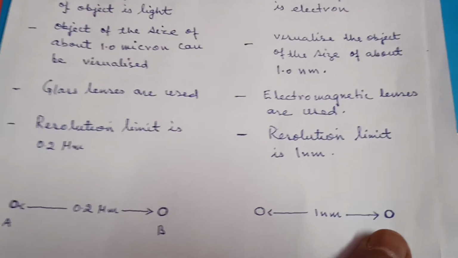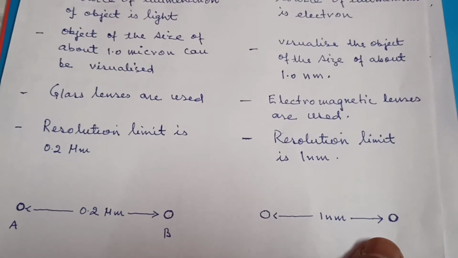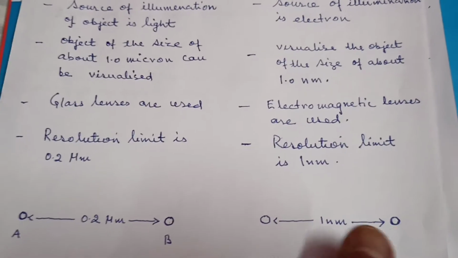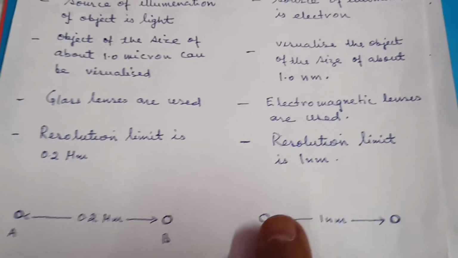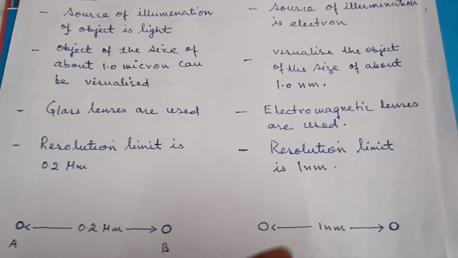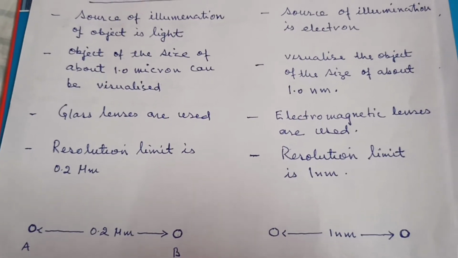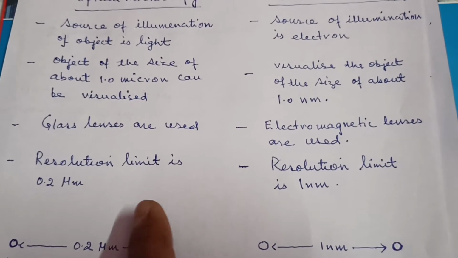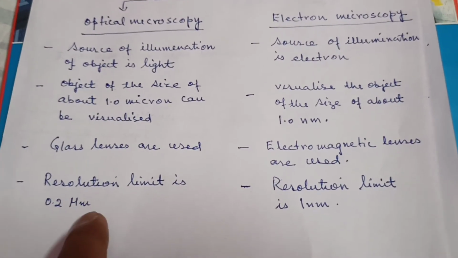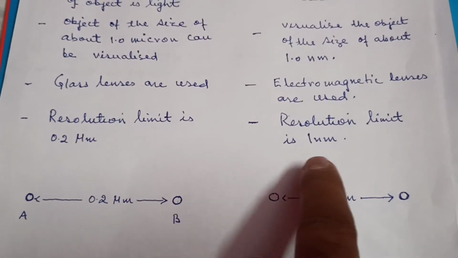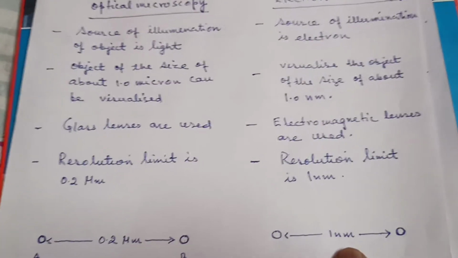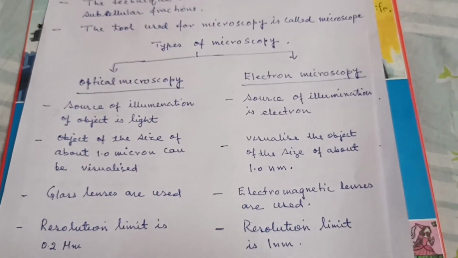For the naked eye, the resolution limit is about 100 micron. That means if two objects are present 100 micron apart, they can be distinguished as two different points. This is the explanation of the resolution limit. For the optical microscope it is 0.2 micrometer, but for the electron microscope it is 1 nanometer.